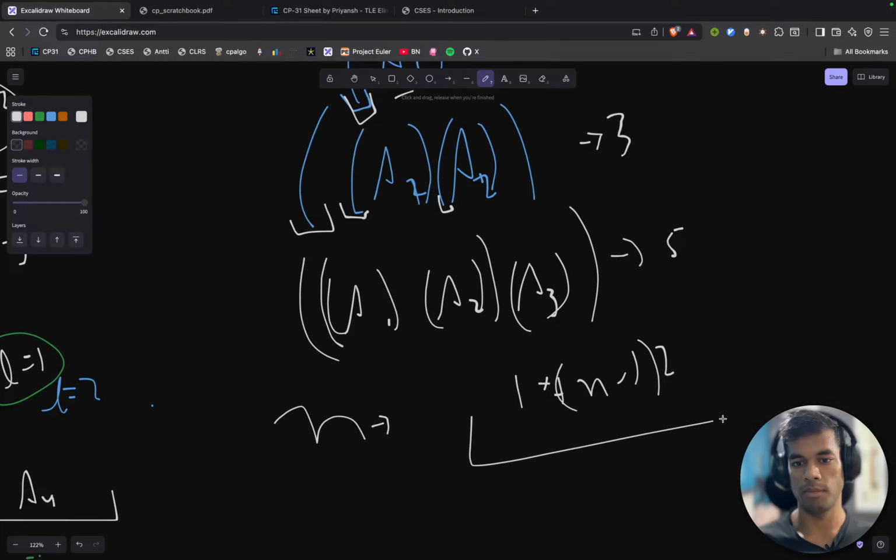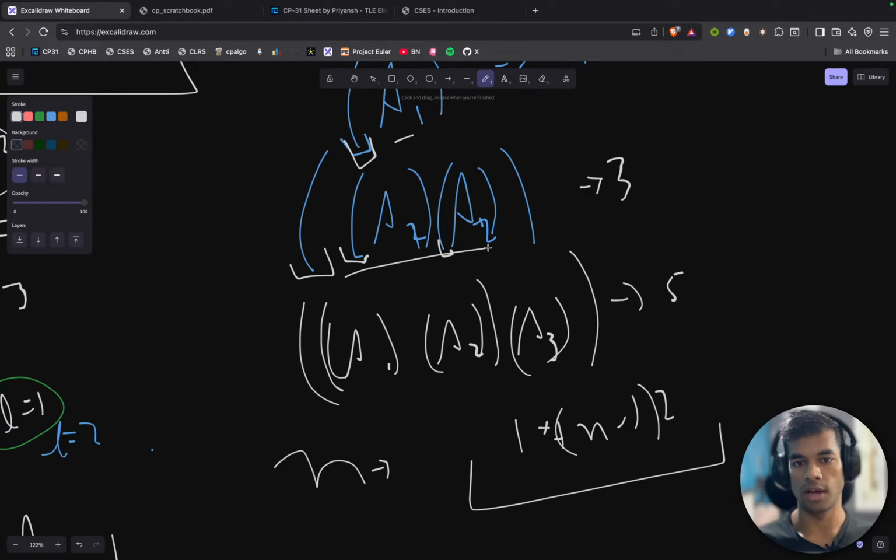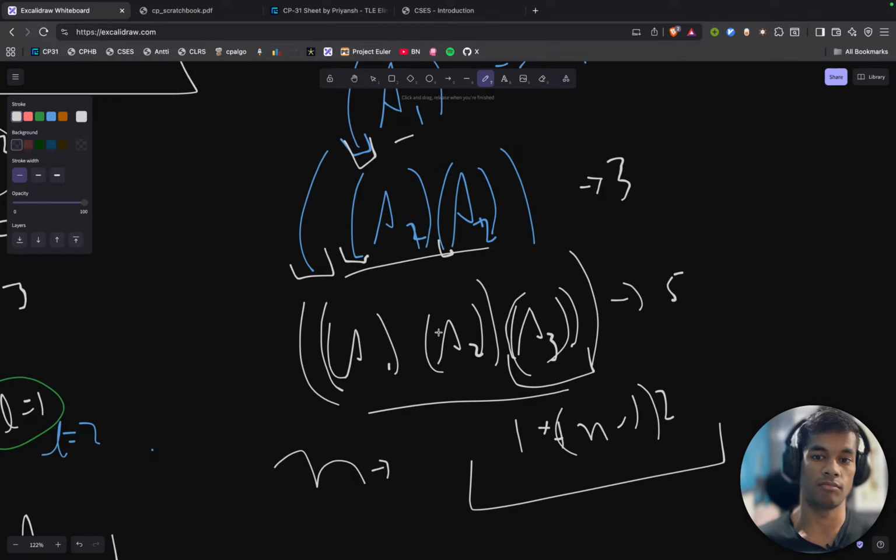That is the number of opening brackets, because here we had 2, here we had 3 brackets, and we can see whenever we are adding a new matrix, we are adding one bracket for it, and let's say we multiply that matrix with the matrix to the left of it. So we added one bracket for that. In total, we added two brackets.